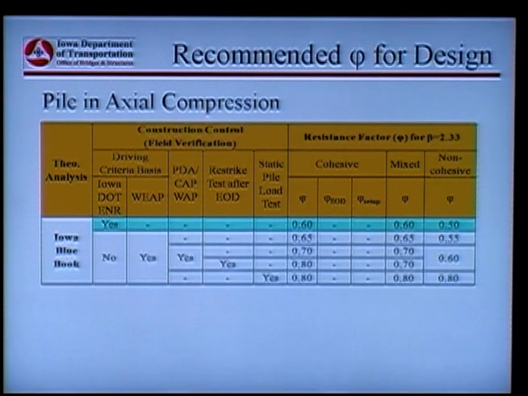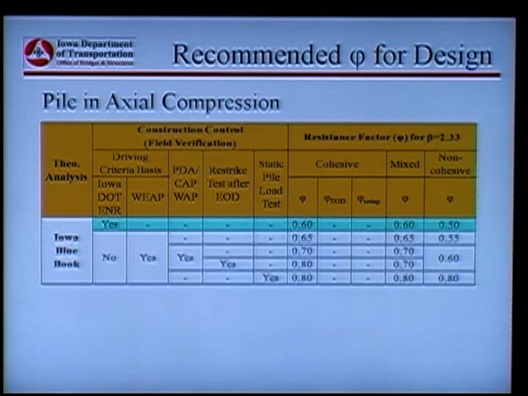And this is the first time maybe you see the recommended resistance factors. Don't be scared by all the series of numbers. Right now you're using one single number, but this is the table that summarizes the resistance factors for design of piles using Iowa Blue Book. Okay?